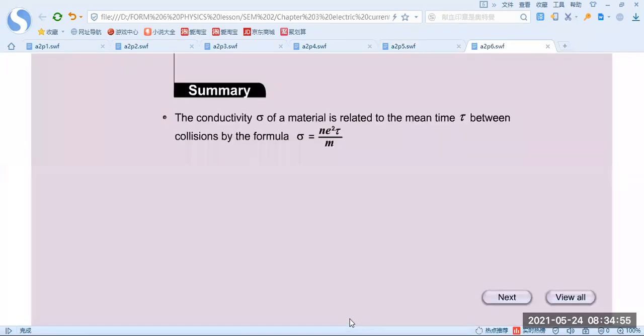the conductivity of a material is related to the mean time between collisions by the formula where conductivity equals the number of electrons times the charge of a single electron squared, times the mean collision time, divided by the mass of the electron.